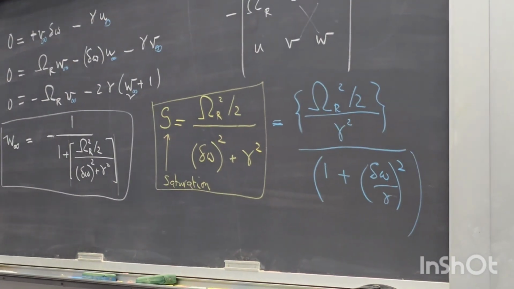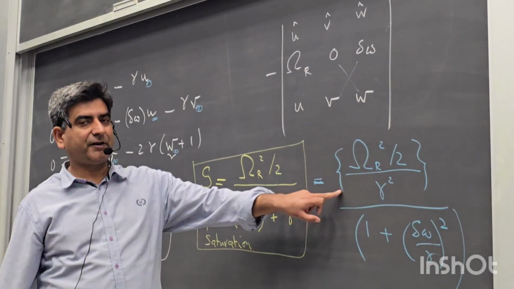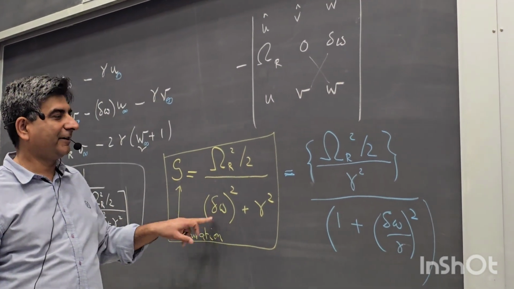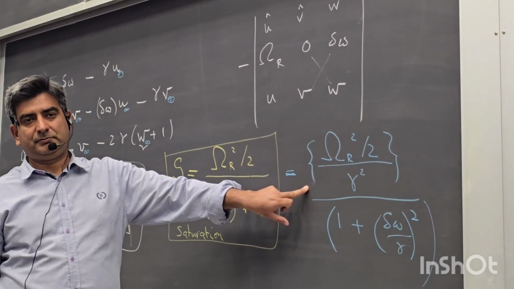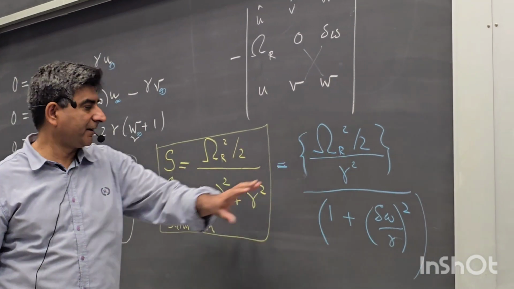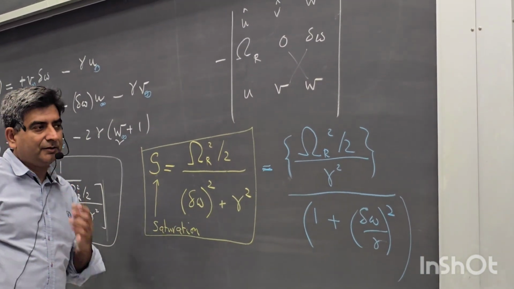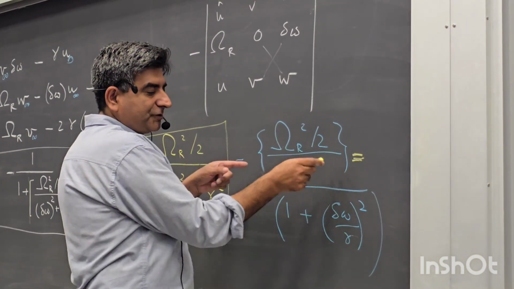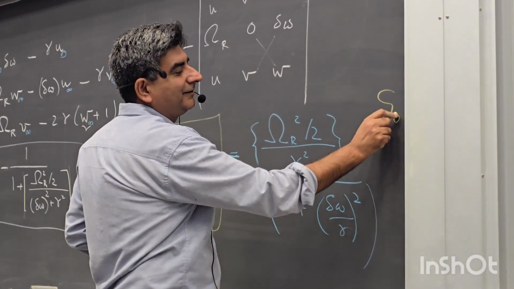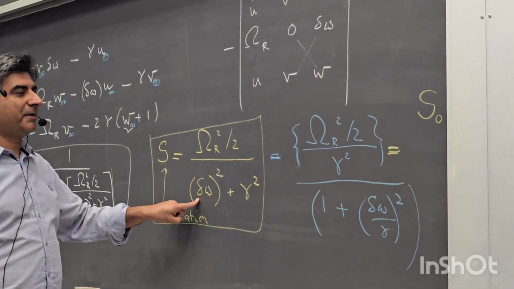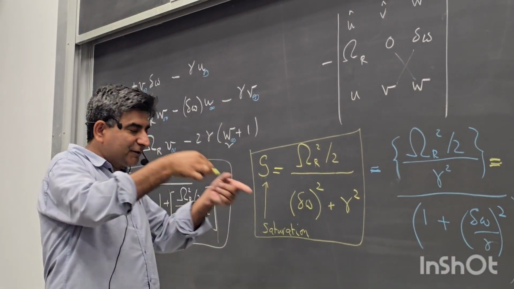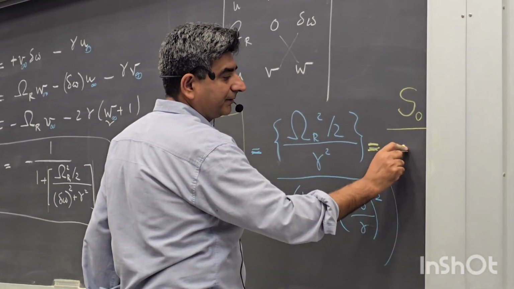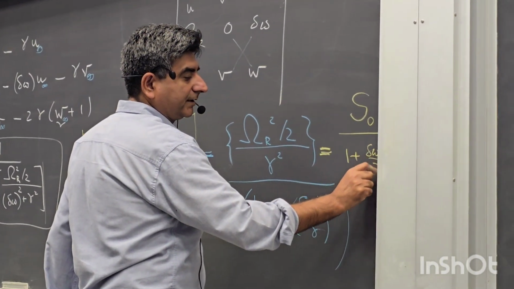So this numerator is S when delta omega is 0. Let's call this numerator S naught, which is S when delta omega is 0. So S naught is a resonant saturation factor, divided by 1 plus delta omega over gamma whole square.